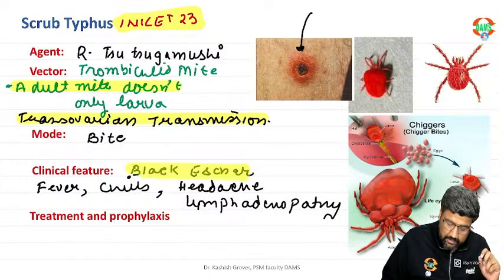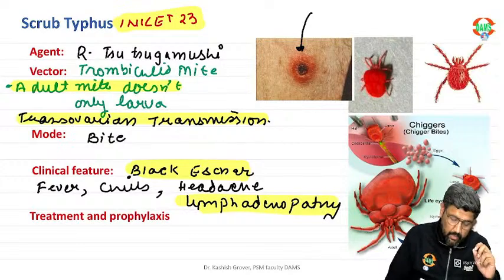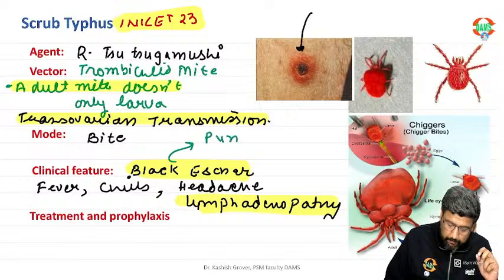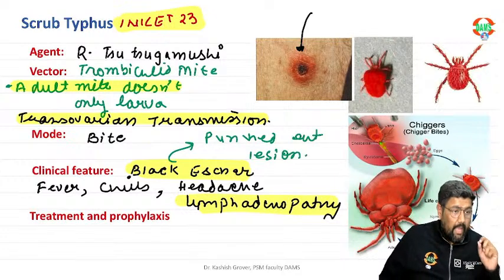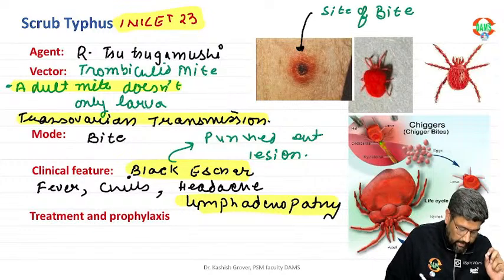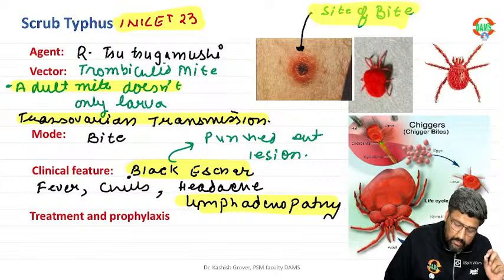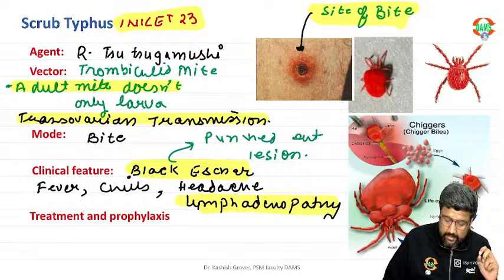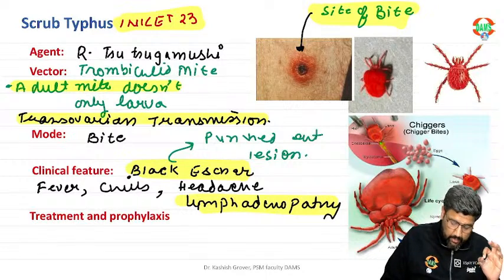So the key features are black eschar and lymphadenopathy. Black eschar is a punched out lesion, right? And this black eschar tells us about the site of bite.